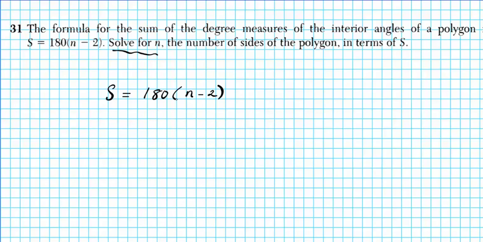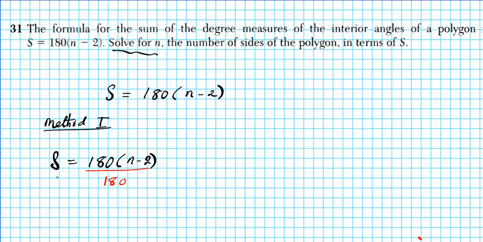What we can do is we can do this in two ways. There are two possible formats for the answer, but they mean the same thing, okay? So method one, you have S equals 180 times (n minus 2). So what you can do first here, you can divide both sides by 180.